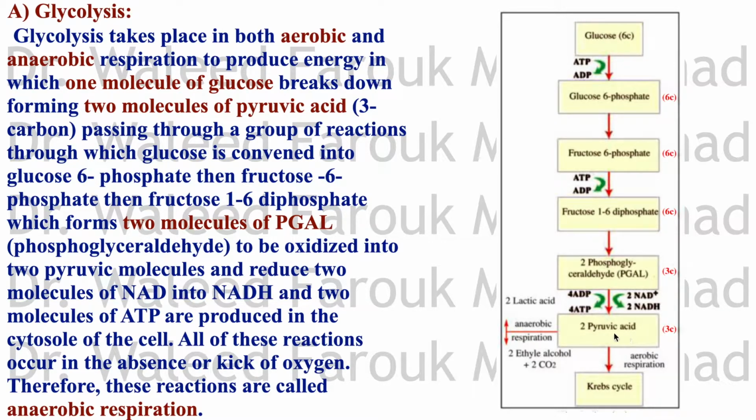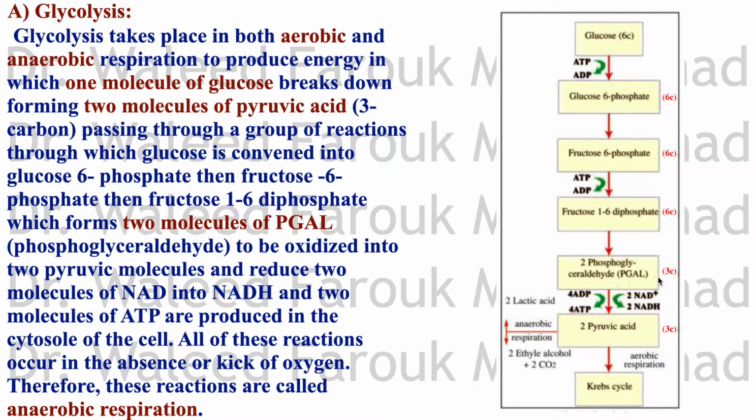The pyruvic acid is 3C. Okay, this is glycolysis. Passing through glucose 6-phosphate, here it uses up some energy, breaking down ATP. Fructose 6-phosphate, ATP to ADP as well.